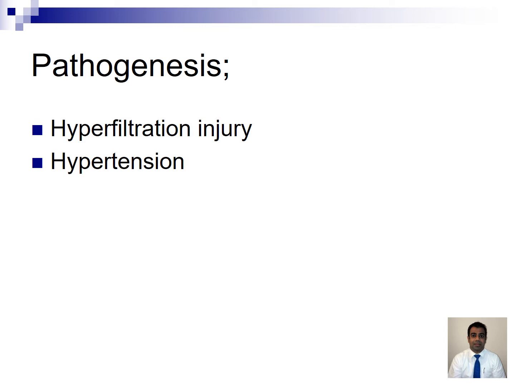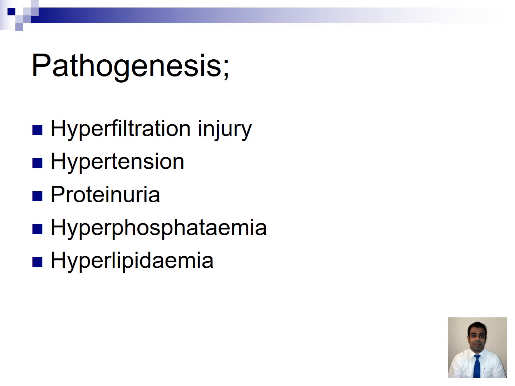It drives hyperfiltration injury, and it increases intraglomerular pressure, and thereby causes further glomerular loss. Proteinuria causes glomerular sclerosis. So again, proteinuria leads to loss of glomeruli, and the same process comes into being.